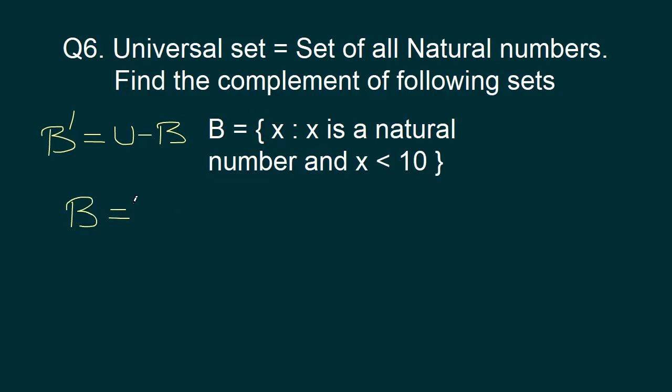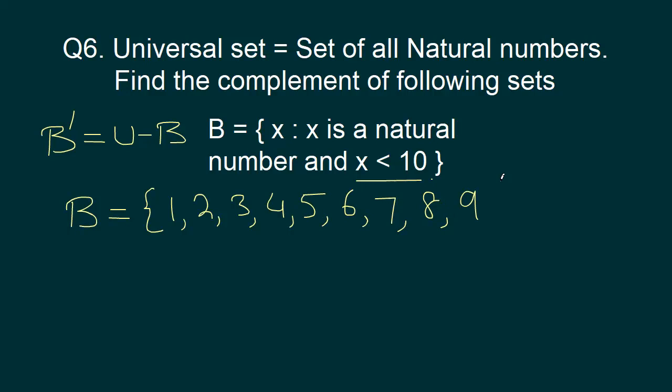This is given in set builder form. So let's write it over here. So B is a natural number, but it is less than 10. That means we have numbers like 1, 2, 3, 4, 5, 6, 7, 8, and 9. So this is set B.